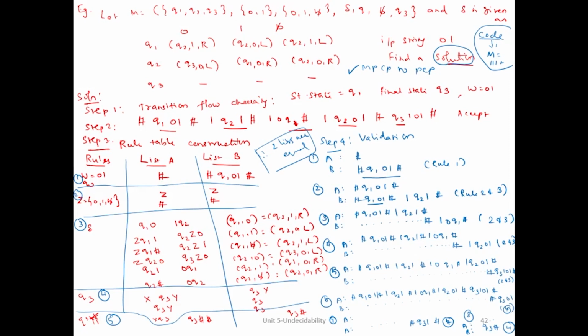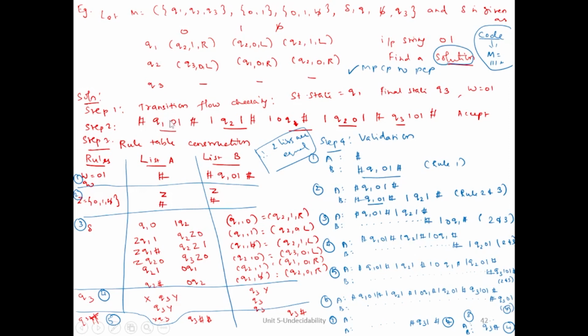The first step is to write the procedure. The second step is transition table construction. The third step is transition diagram construction. The fourth step is the validation. That validation should be written here, in step 2. So initial hash symbol, starting state Q1, and the given input string 0, 1.